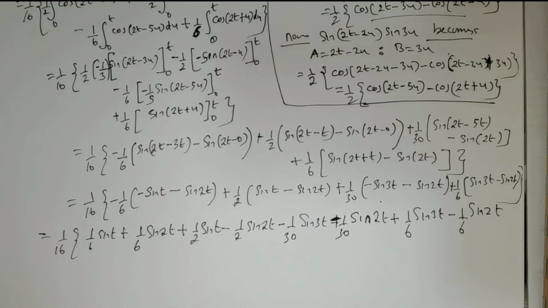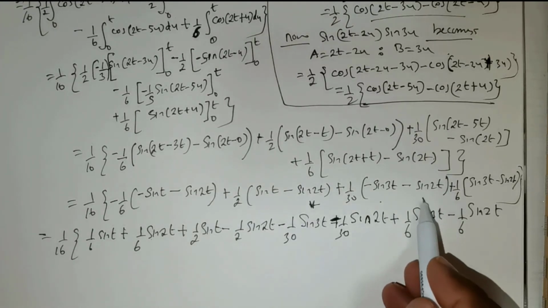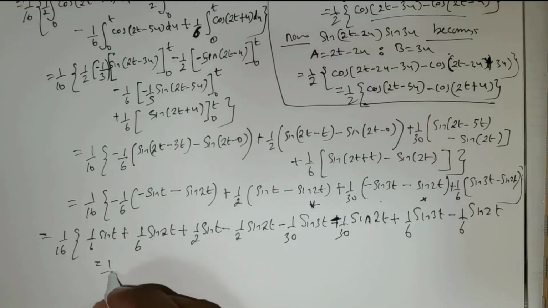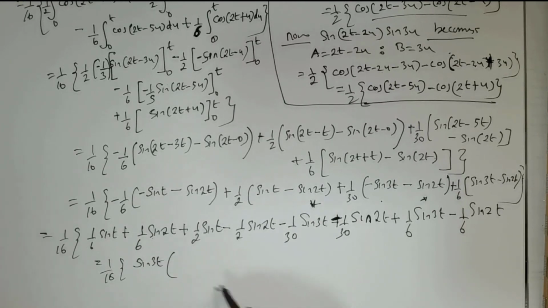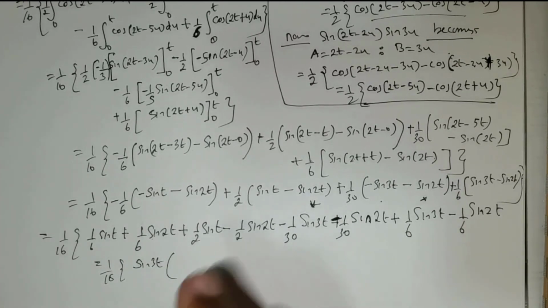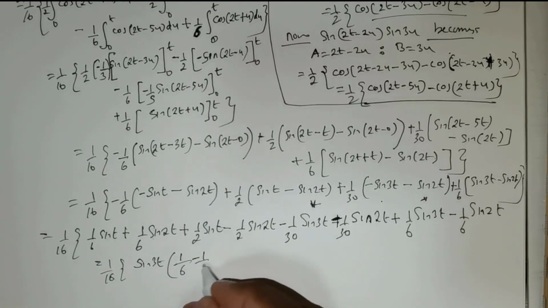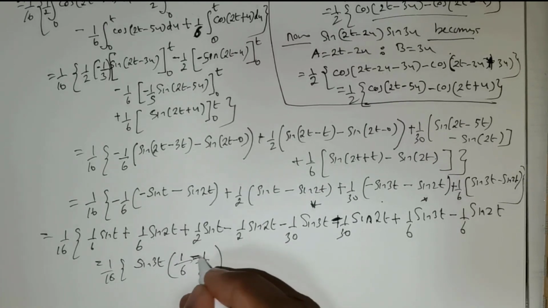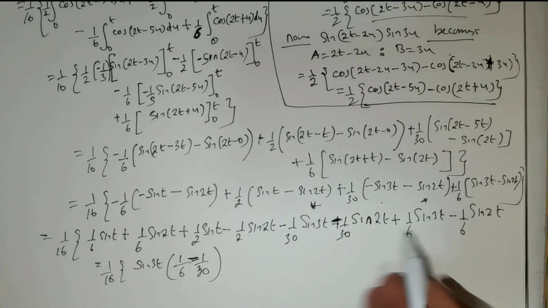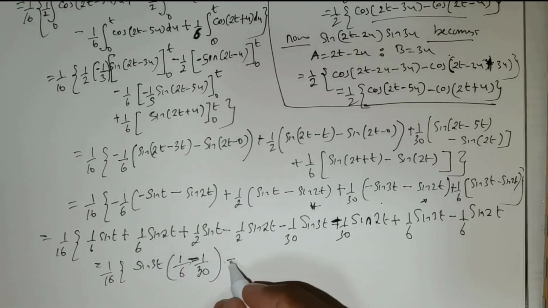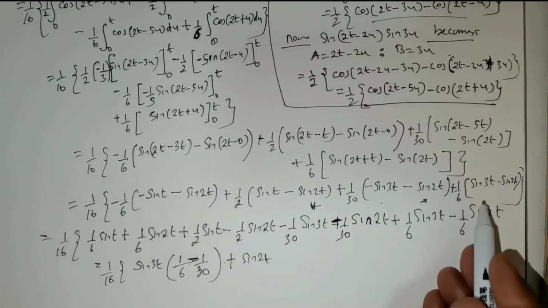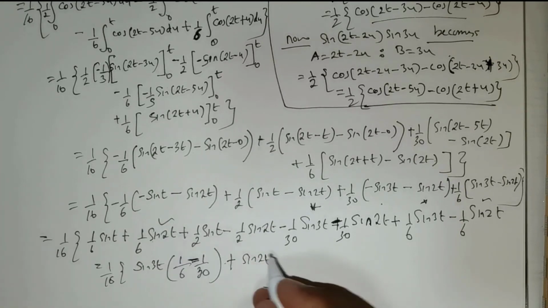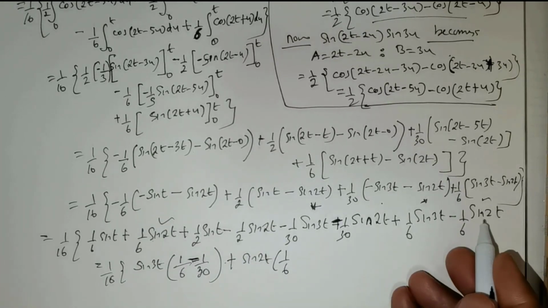Now we need to take things common, so I will start with sine 3t first. So this is equal to 1 over 16 times, I'm taking sine 3t out, so I will get 1 over 6 minus 1 over 30. Next sine 2t, so plus sine 2t, so I start with sine 2t, so 1 over 6, I have a sine 2t.